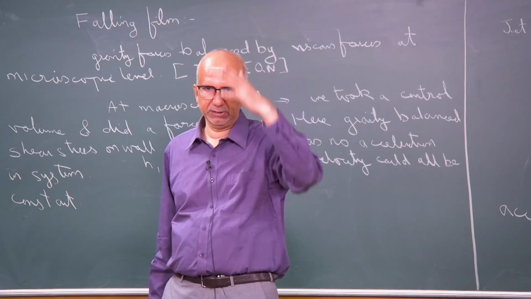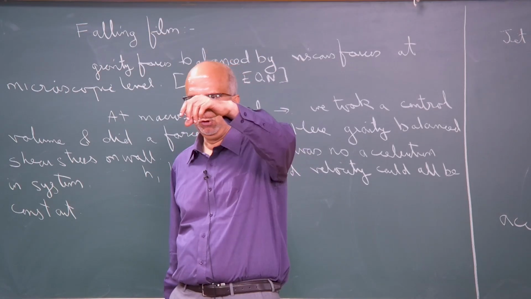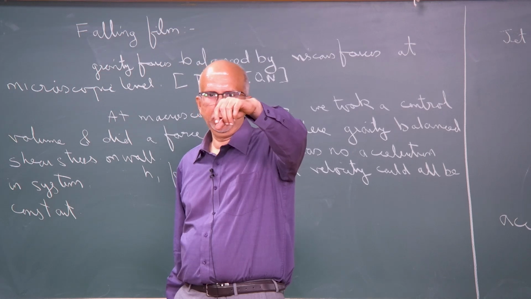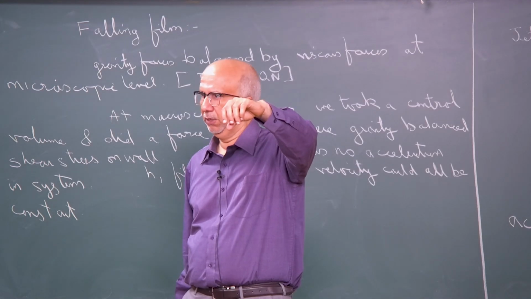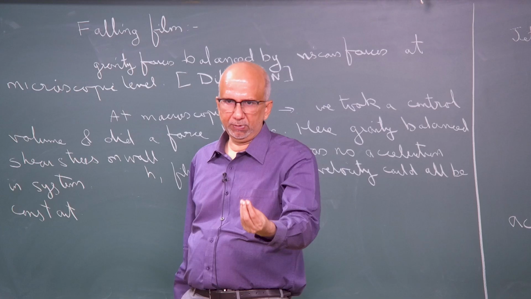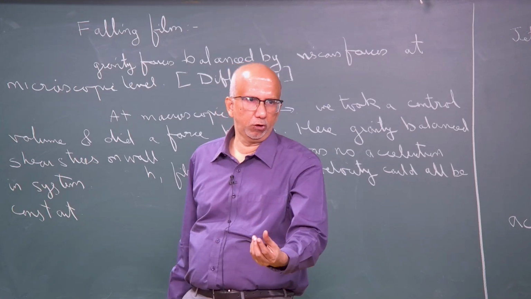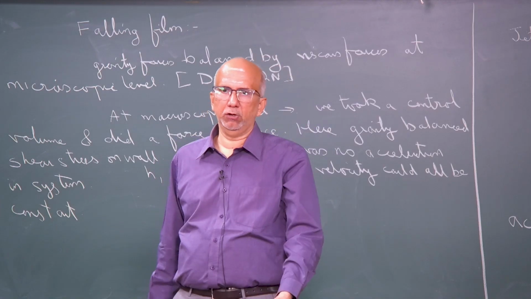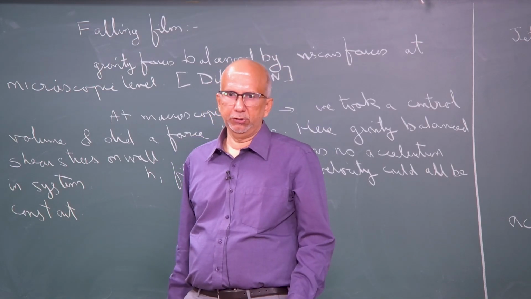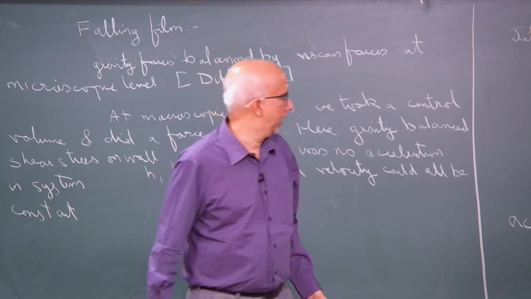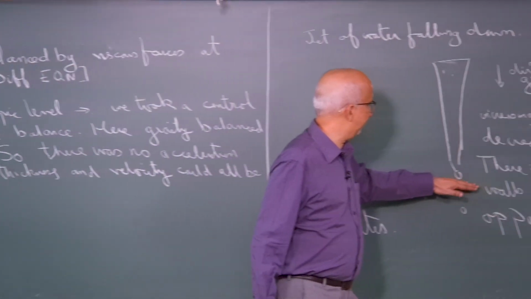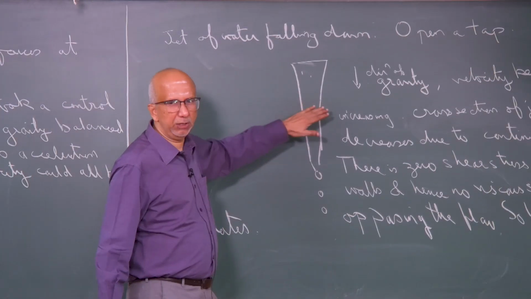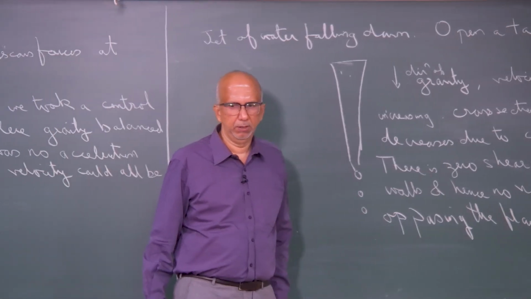If you open the tap in your bathroom very slowly, the liquid will come in the form of a jet, then it will break into drops. But if the flow is very high, it needs to go a longer distance before it breaks into drops. So here surface tension effects become important, but are still not dominant.